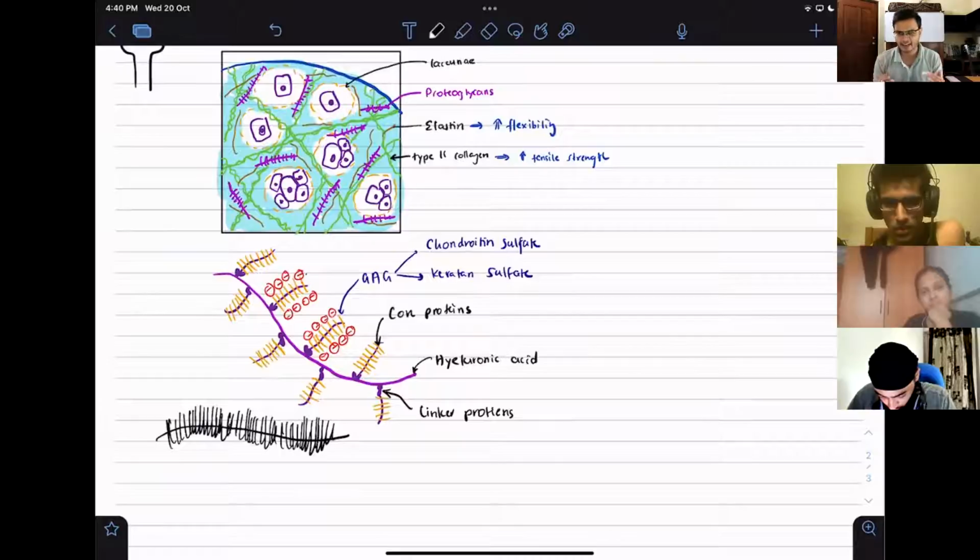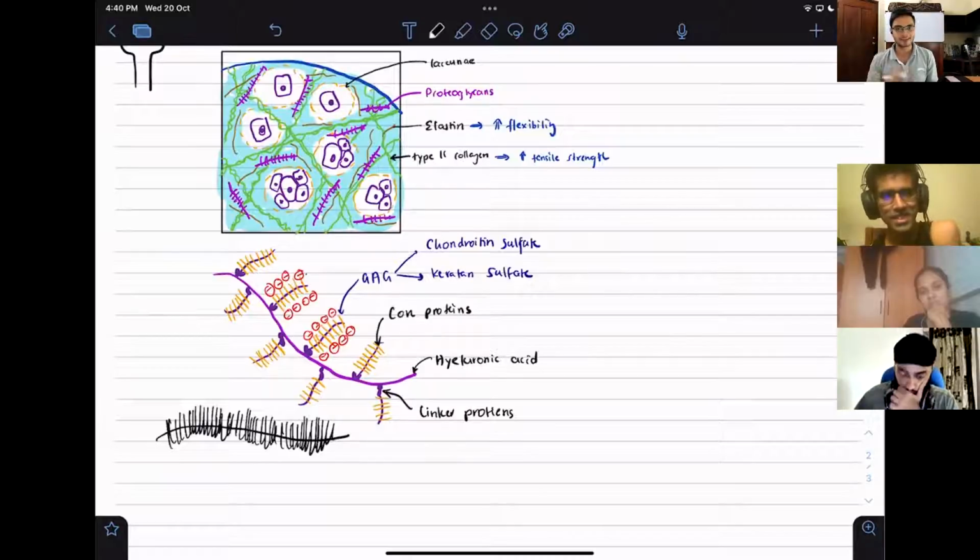Try to imagine, be creative. Just guess and tell me. If you take a lot of negatively charged particles and put them close together, what do you think is going to happen?